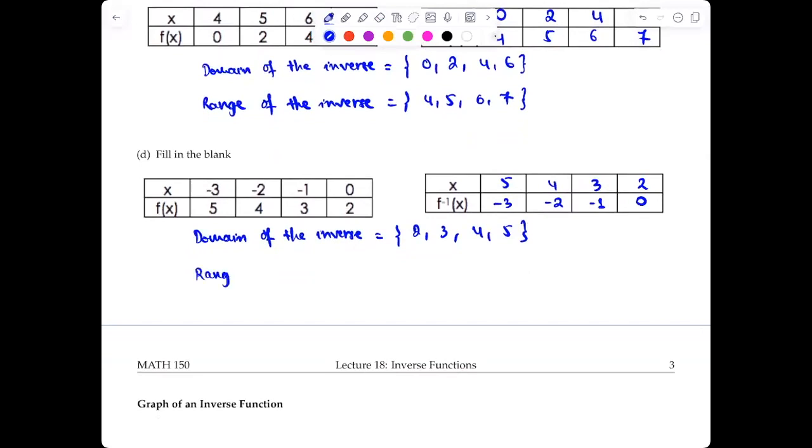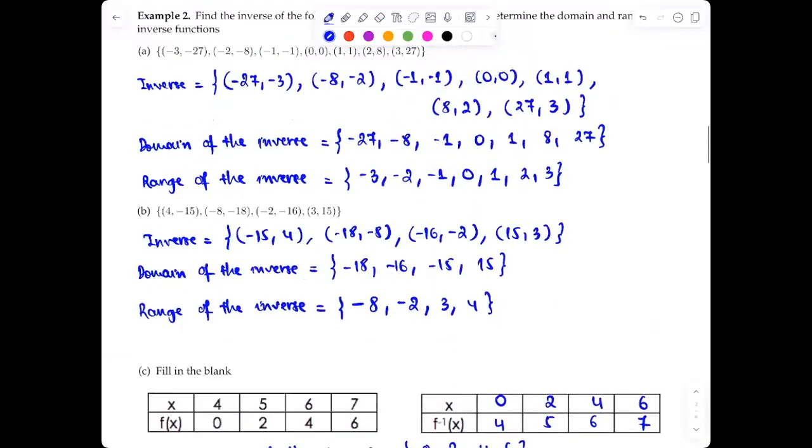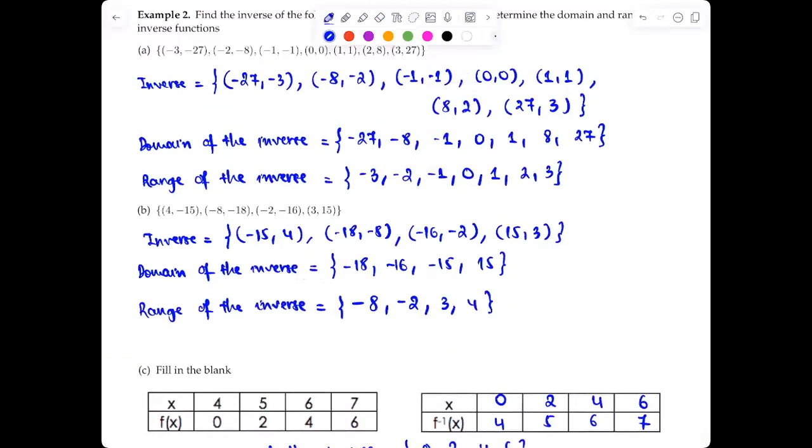Then the range of the inverse is negative 3, negative 2, negative 1, 0. Okay. So with these 4 problems, hopefully you get some idea how to obtain the inverse from your original functions using a set of points or table values.